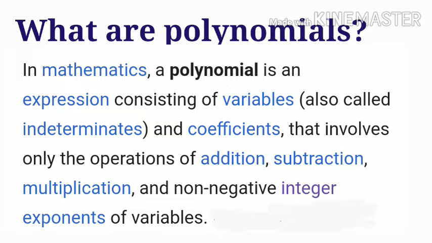In simpler words, we can say that a polynomial is a mathematical expression where the power of the variable is only a non-negative integer. I repeat, polynomials are mathematical expressions or algebraic expressions where the power of the variable is only a non-negative integer.